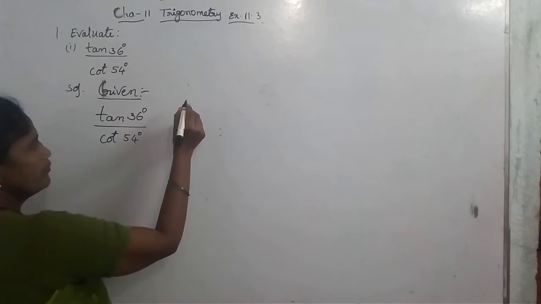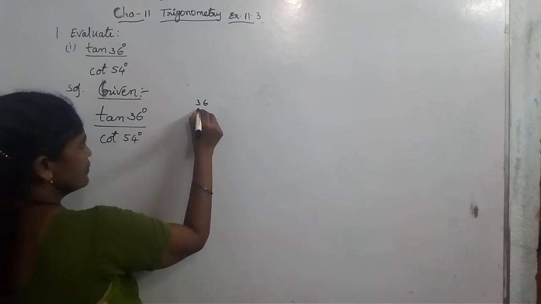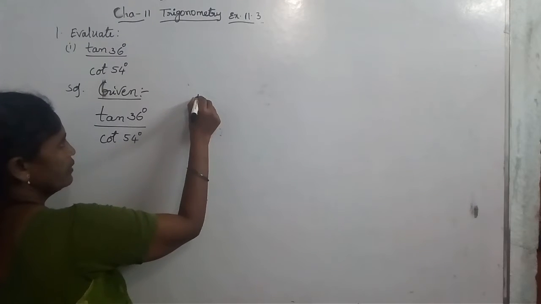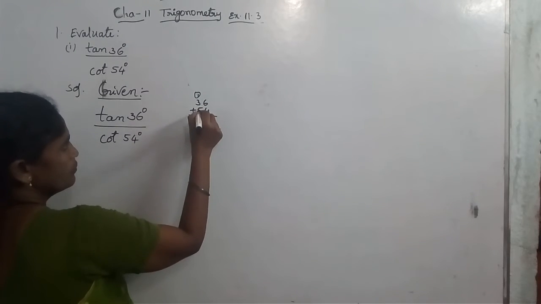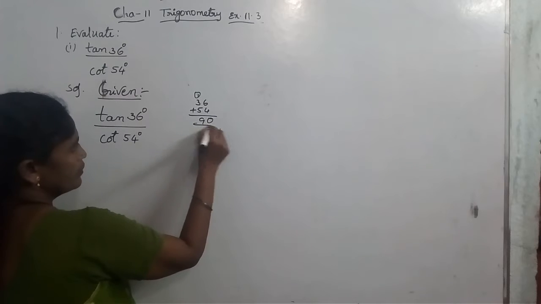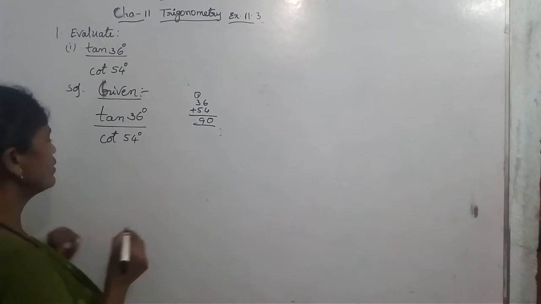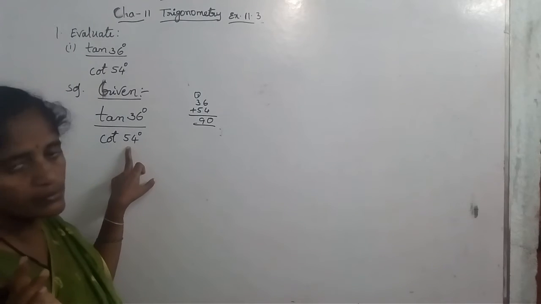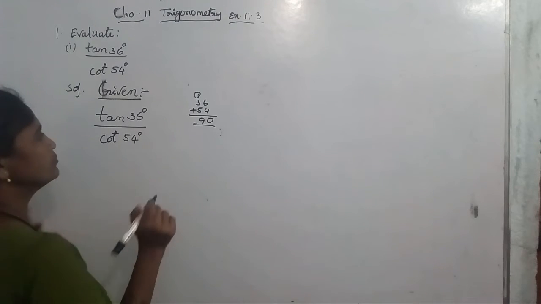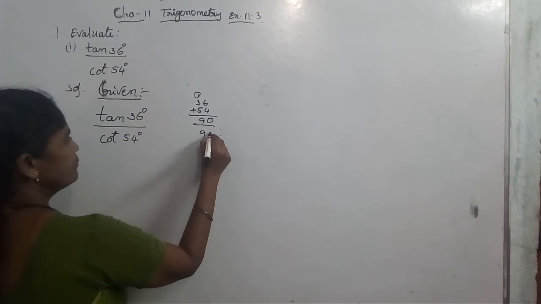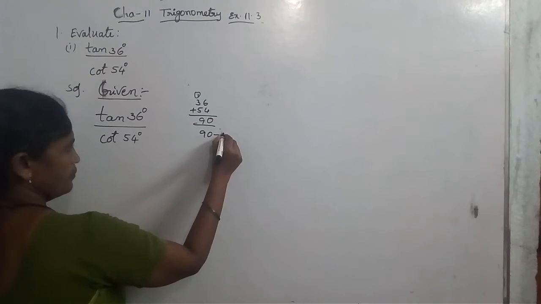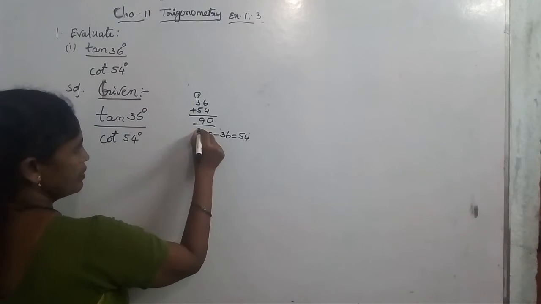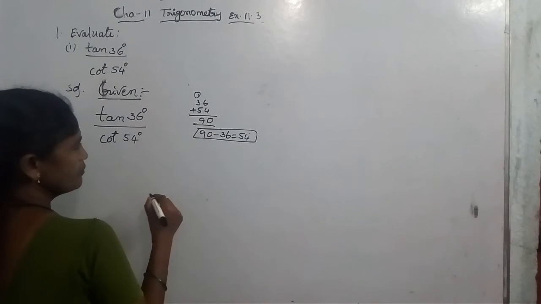See, if you add 36 and 54, 6 plus 4 is 10, and 4 is 9, so 90 degrees, right? Same way, now 36 degrees don't disturb; 54 degrees we can disturb. That means 90 minus 36 is equal to 54. Right? 90 minus 36 is equal to 54.